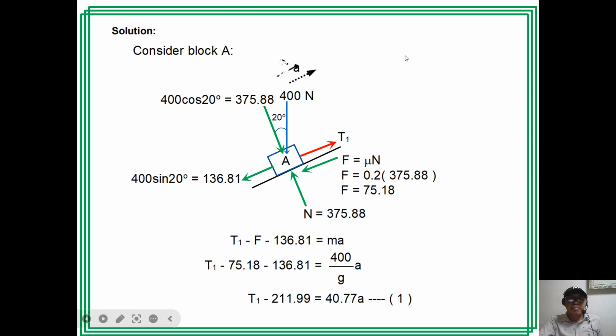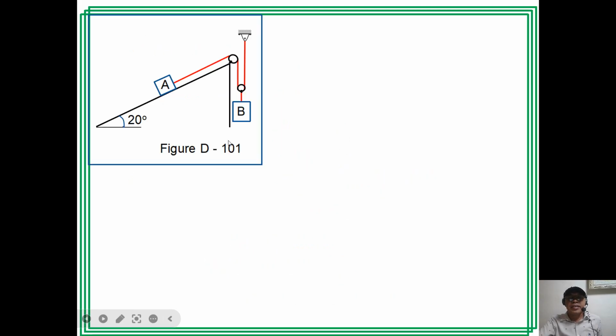Then I can consider block B. So notice the string holding B. Now, we have here the weight 680, tension T2, and this is accelerated downward. But take note, the string is being looped to another pulley here. So, the acceleration or the motion of B is just half as the motion of A. So, if A is accelerated by small letter a acceleration, B is just accelerated a over 2.